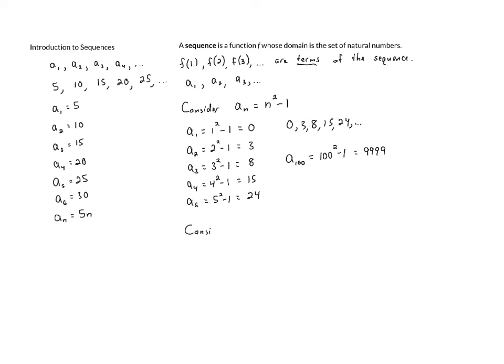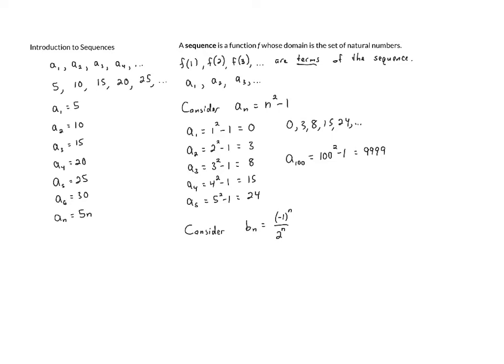Let's take a look at another example of a sequence. This time, let's consider the sequence b sub n. It doesn't have to always be a sub n. We can use different letters. b sub n equals -1 to the nth power over 2 to the nth power.